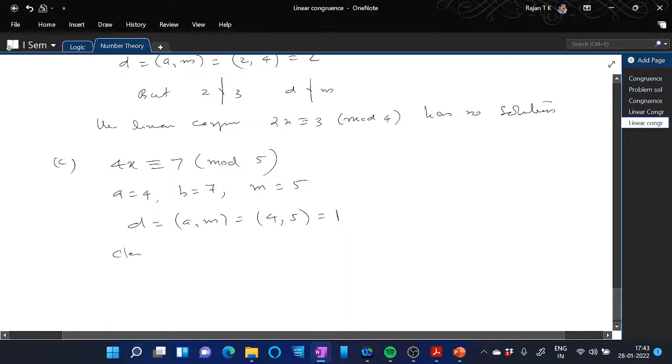Clearly, D, which is 1, divides 7. And therefore, 4x ≡ 7 mod 5 has one incongruent solution, that is, it has a unique solution.